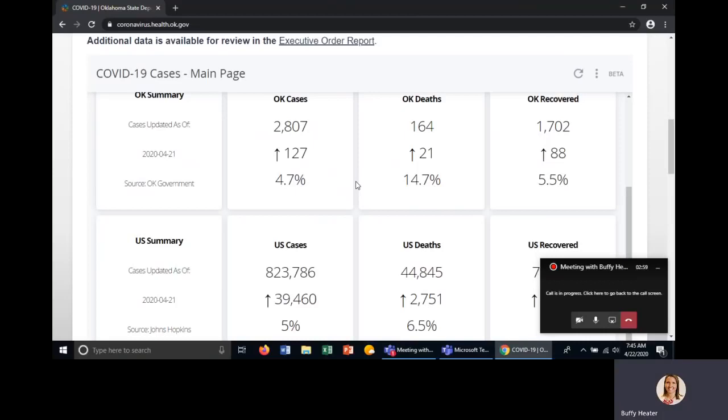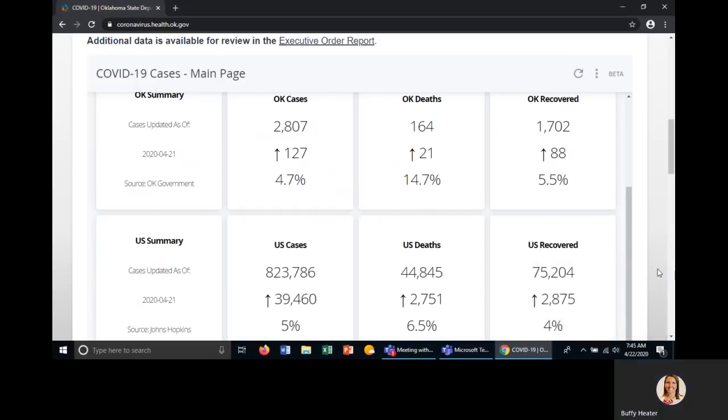I will point out that this dashboard is updated daily to include new information received by the Health Department over the prior 24-hour period. That prior 24-hour period is typically measured as midnight to midnight. The Oklahoma statistics here are compared to our nation's summary in terms of what's going on with the COVID-19 pandemic.